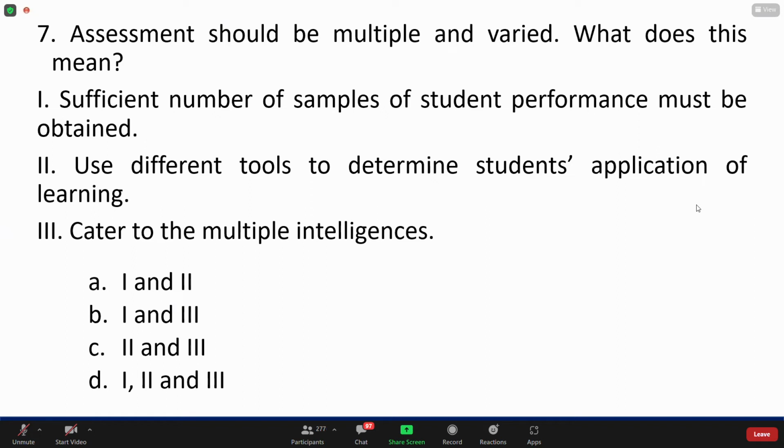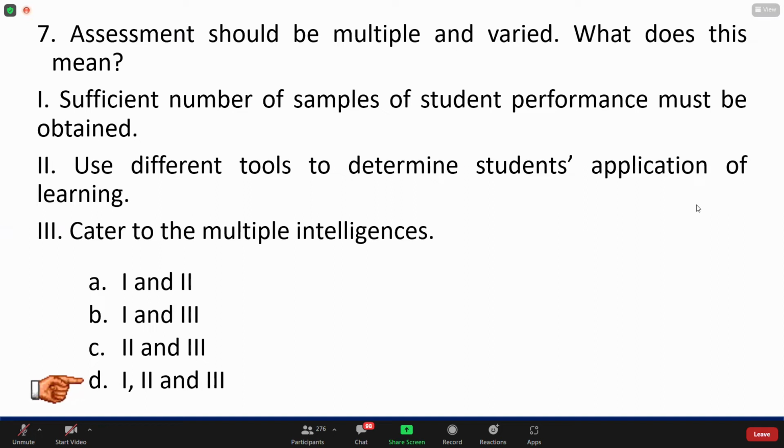Letter B po, sir. Your answer is letter B, 1 and 3 only. Yes po. So actually, the answer is letter D, 1, 2, and 3. Bakit? Isa-isahin natin. Sufficient number. Of course, since we're talking about the multiplicity and the variety of assessment, so dapat sufficient yung number of samples ng student performance natin.